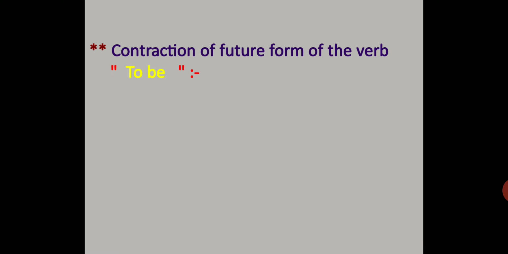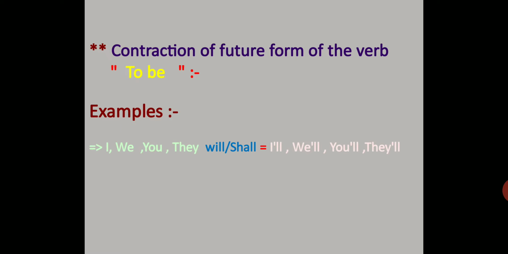Now, let's move on. Contraction of the future form of the verb to be. What will be the future form of the verb to be? Yes, will and shall. We generally use will with all the pronouns and all the nouns. Let's see the examples. When we form the contraction in the future form of the verb to be, we remove the first letter of will, and when we use shall, we remove the first two letters of it.